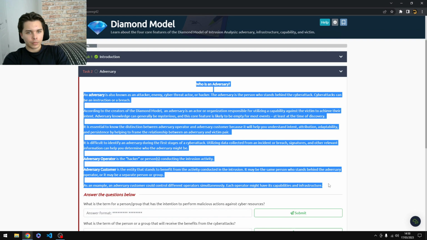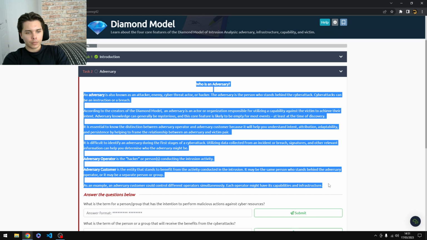It is essential to know the distinction between adversary operator and adversary customer because it will help you understand intent, attribution, adaptability, and persistence by helping to frame the relationship between an adversary and victim pair. It is difficult to identify an adversary during the first stages of a cyber attack. Utilizing data collected from an incident or breach, signatures, and other relevant information can help you determine who the adversary might be.